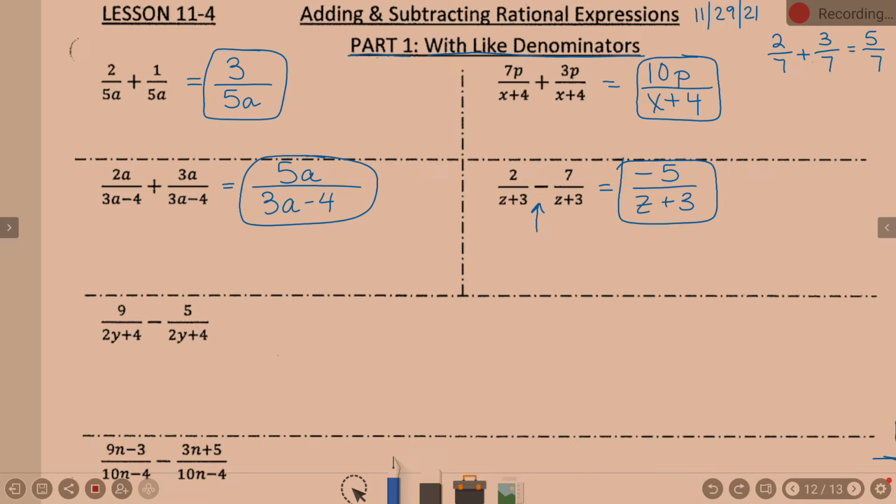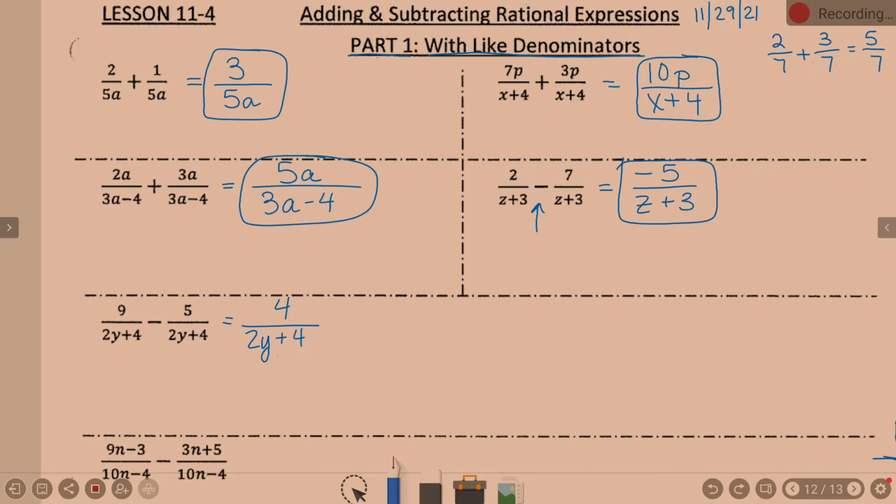Okay, moving along. 9 over 2y plus 4 minus 5 over 2y plus 4. There's a couple different ways we can look at this. Michaela, you're seeing everything divides by 2, yes?